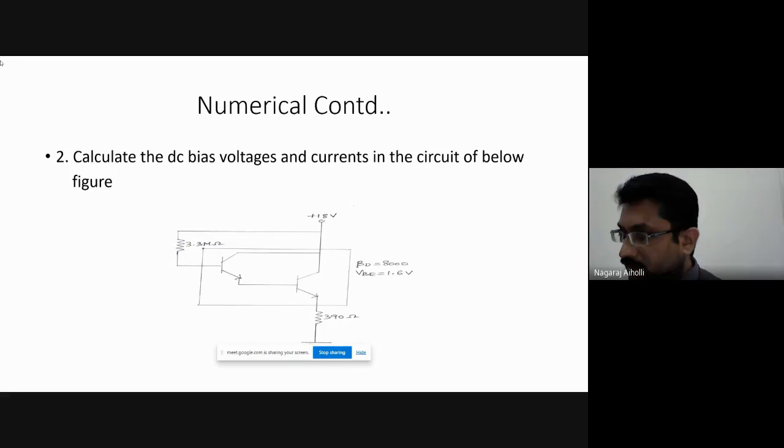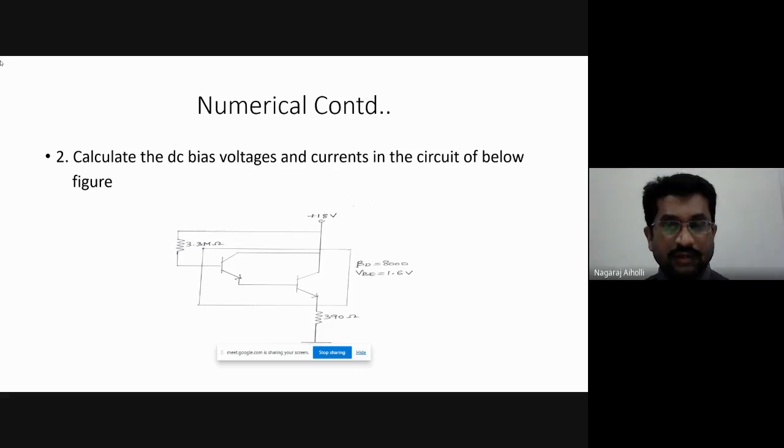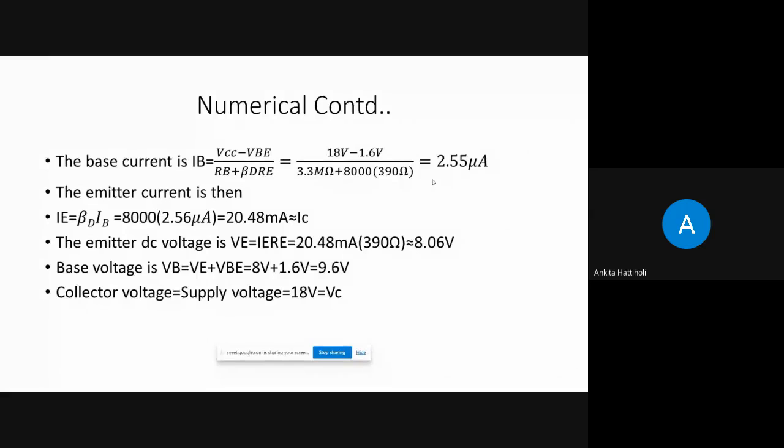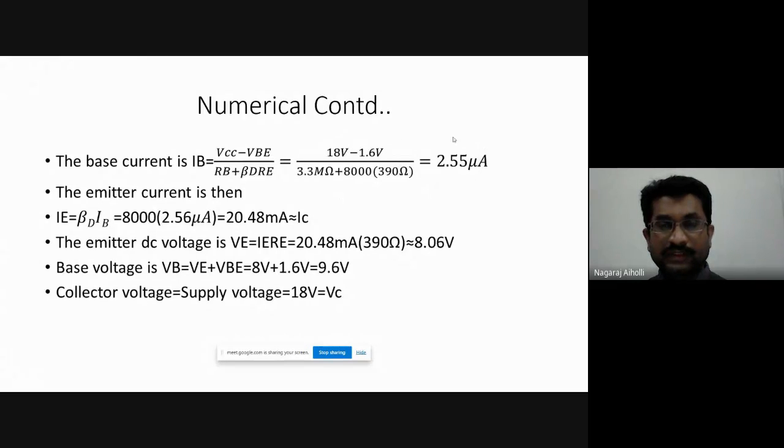Sania, are you getting 2.55 microampere? Ankita, are you getting 2.55 microampere? Yes, sir. You are getting 2.55 microampere.